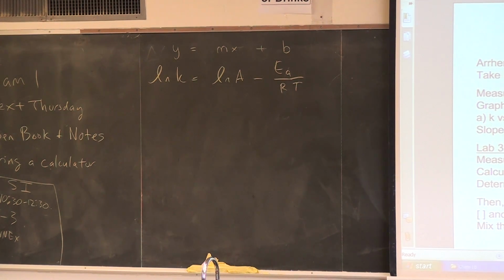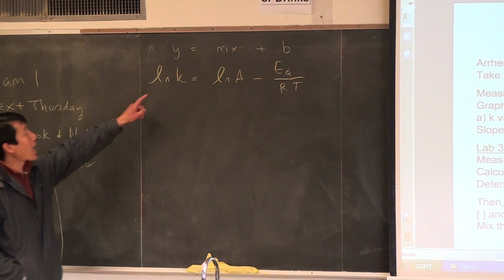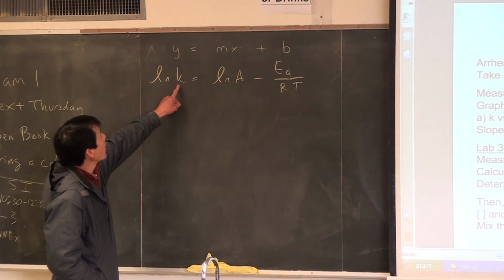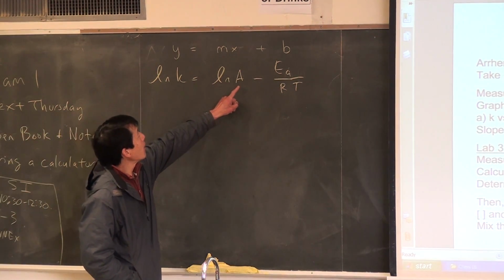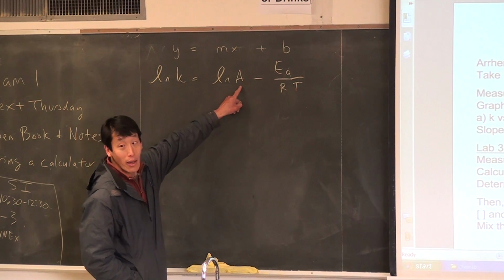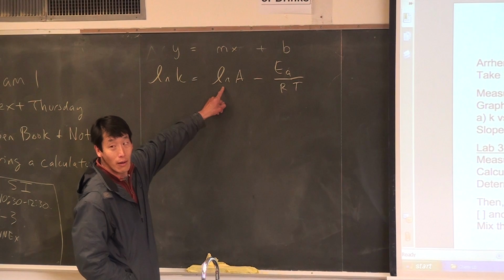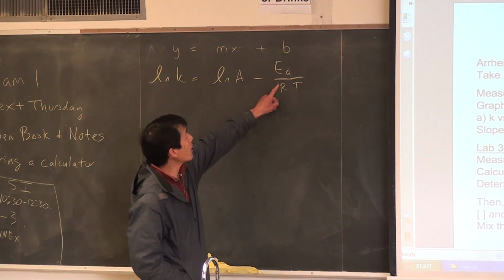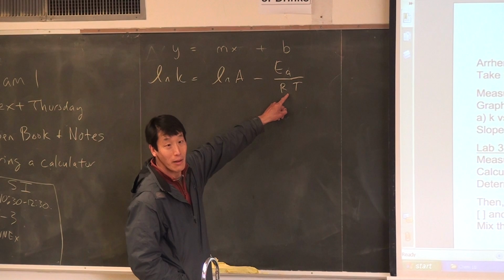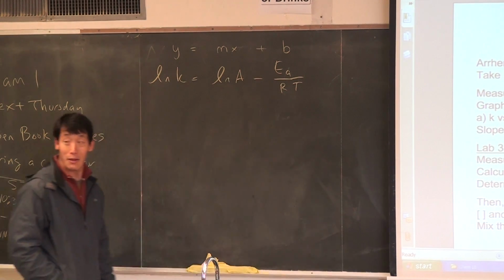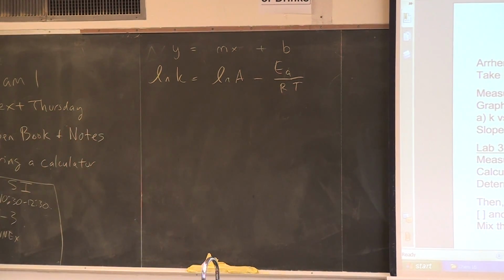So based on this equation, should we plot on the y-axis the natural log of k, and then on the x-axis... Is that a negative sign or a minus sign?